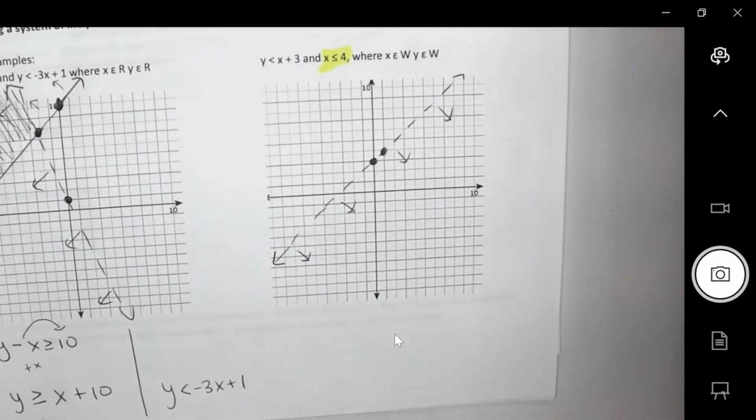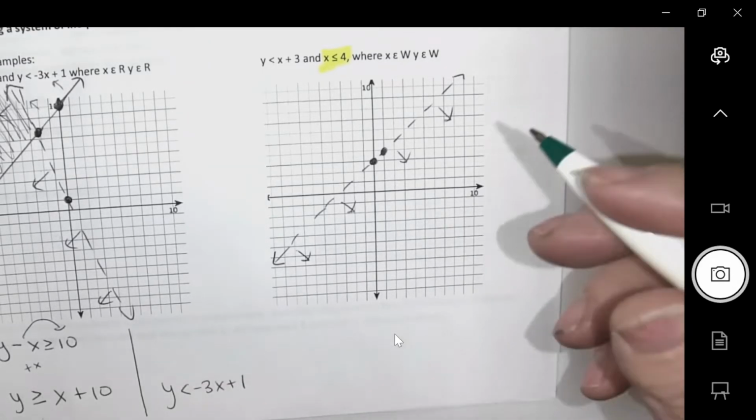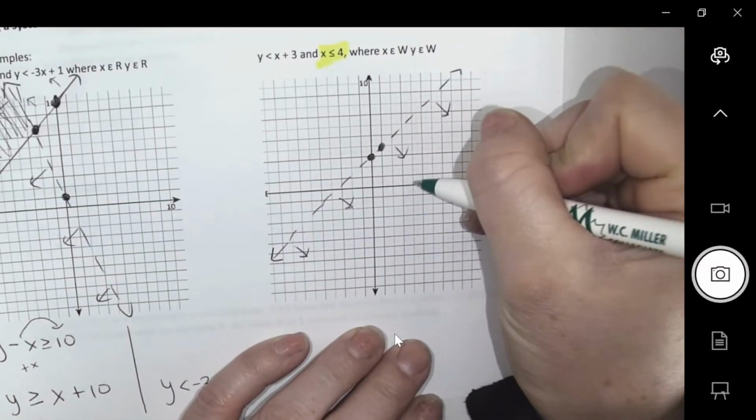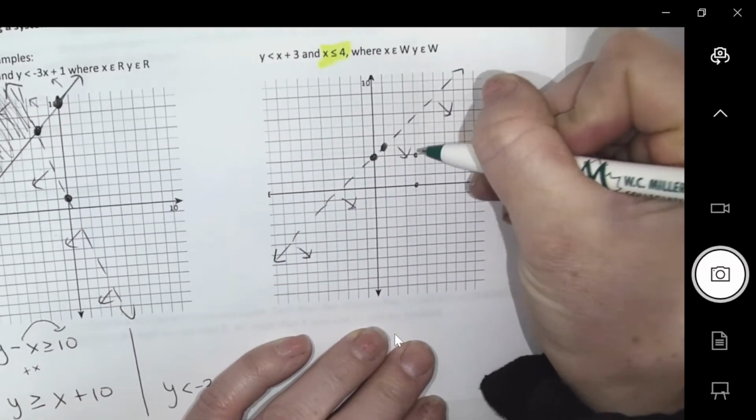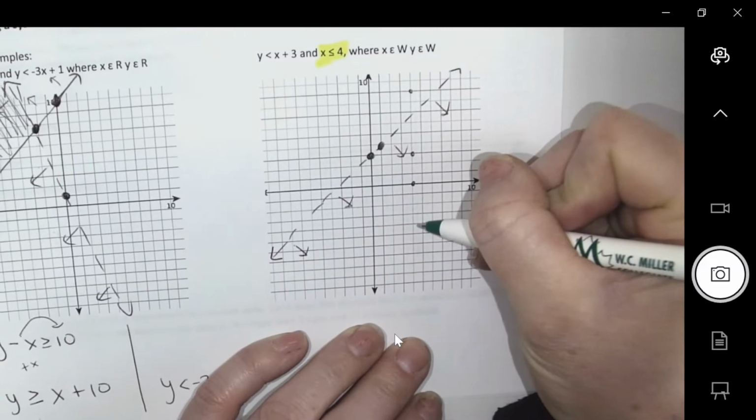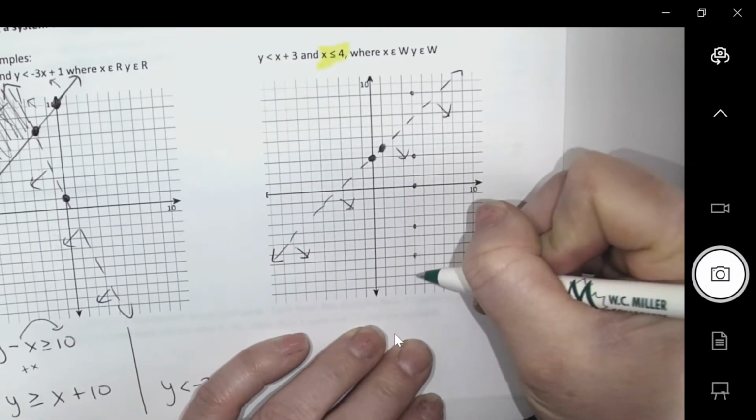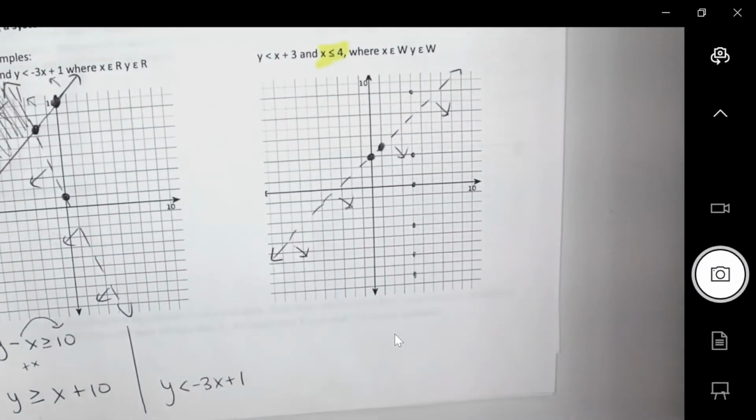I'm going to draw a line. Every time I see an x value of 4, I could be here, I could be here, I could be here. Do you notice what I'm doing? All of those points would have x values of 4. So what kind of line will it make? Straight up and down.